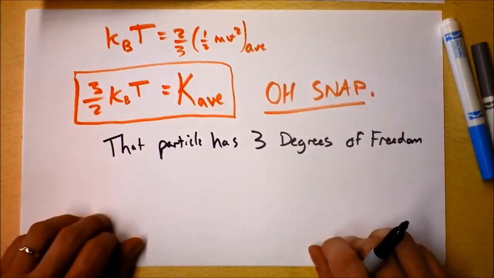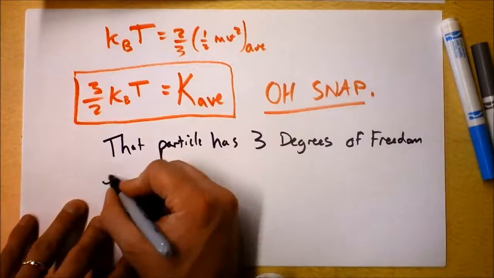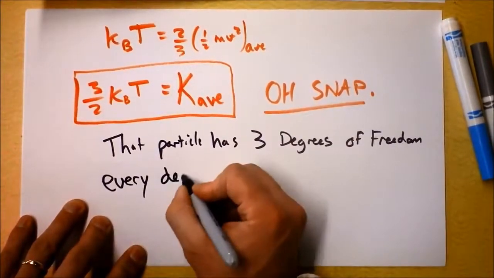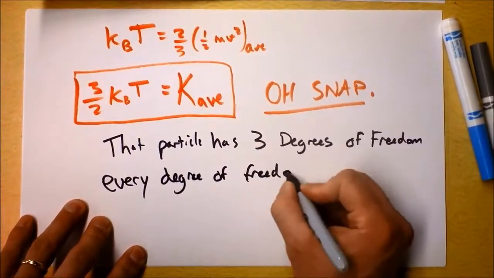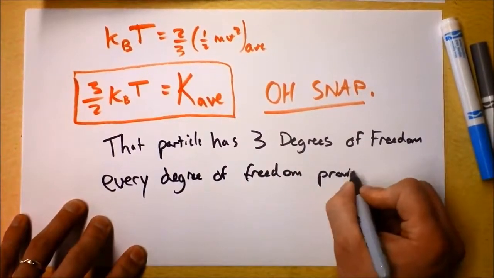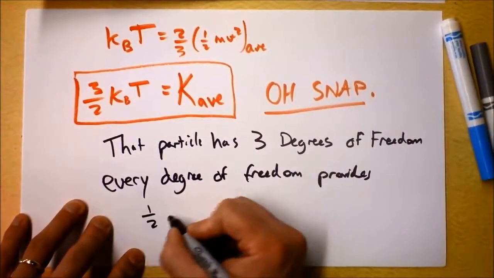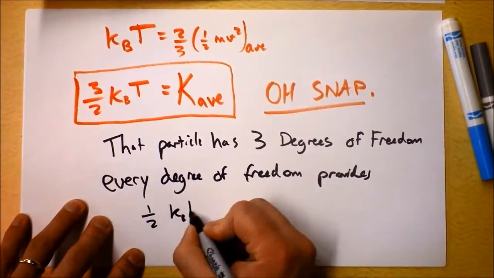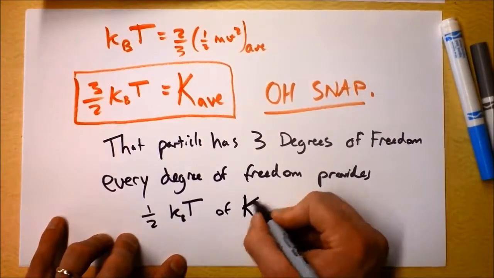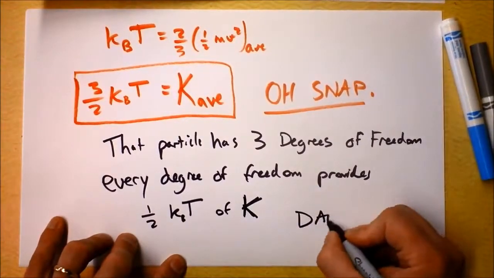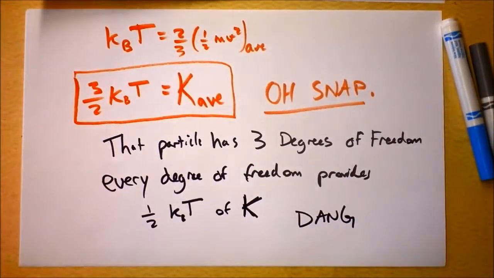So it has 3 degrees of freedom, and guess what? Every degree of freedom provides 1/2 K times T of kinetic energy. And then we'll just say, dang, and let you soak that sucker up.